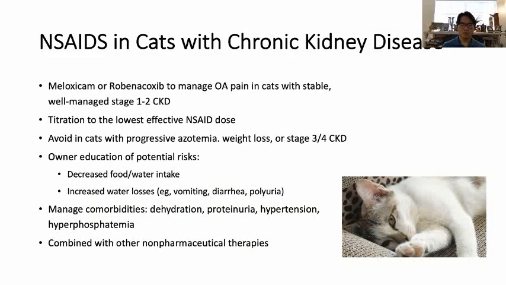But overall, even though NSAIDs may be helpful, we still need to consider other non-pharmaceutical therapies such as laser, acupuncture, and physical therapy that may better control the pain rather than just relying on NSAIDs when the patient has severe osteoarthritic pain.